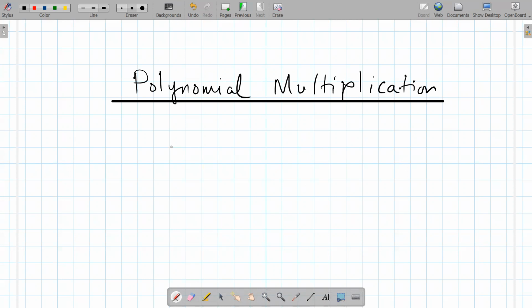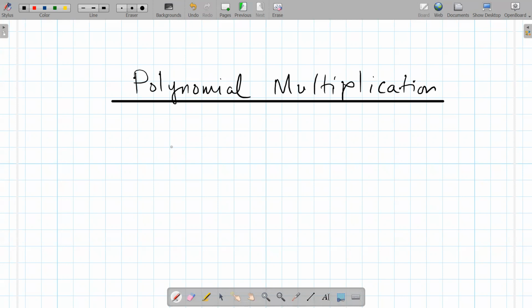So here we are looking at multiplying polynomials. And just as we mentioned earlier, we have three unique types of polynomials. We have the monomial, we have the binomial, and then we have the trinomial.